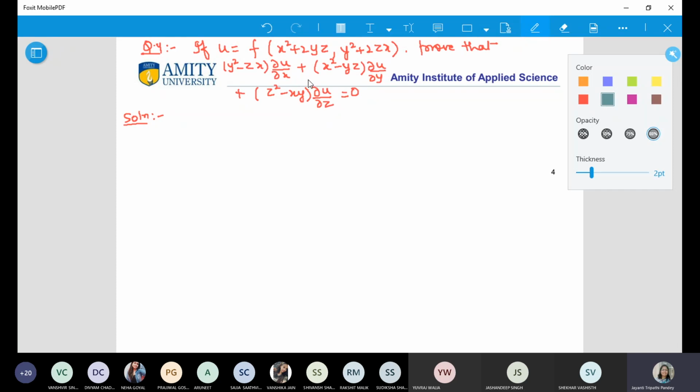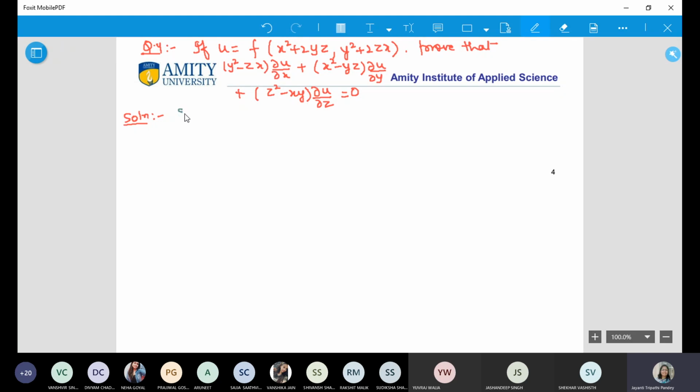There is a symmetry in it. Just remember that. In this kind of situation, you have already been given two functions. Instead of giving you x comma y, u is a function of these two expressions. So suppose capital X is x square plus 2yz and capital Y is y square plus 2zx.